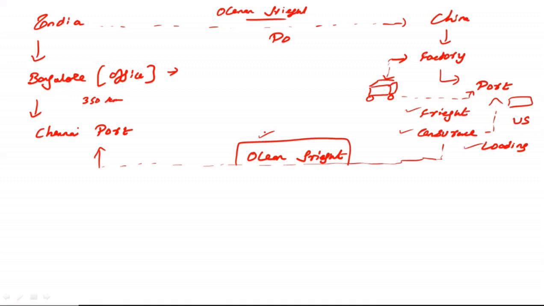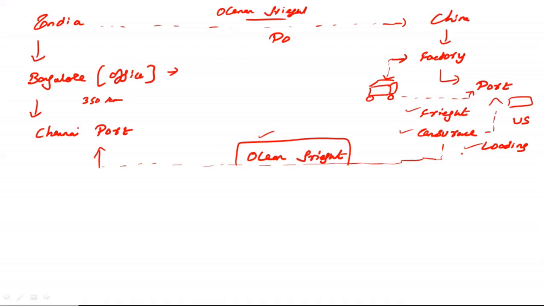So why do you have ocean freight? Because the ship is charging for the transportation cost, and it is coming to the Chennai port. Now, these all are the different components. So first, we discussed whether we are going to ship the material through ocean freight or air freight.